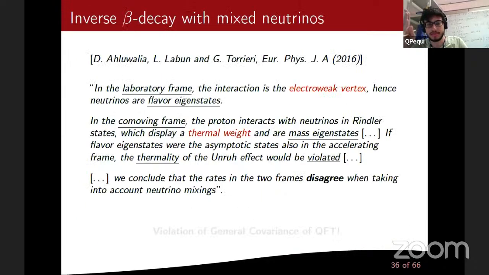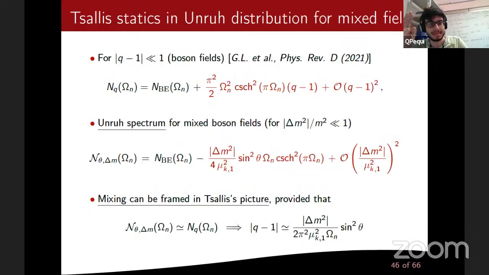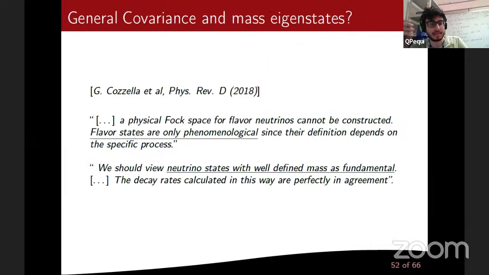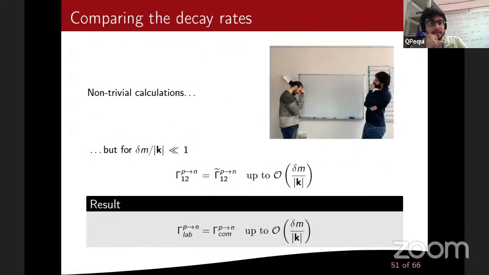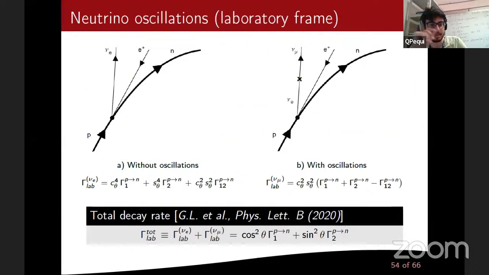But your claim is mostly that when using mass states, we have lepton number violation and the problem with the CP violation. That's the main argument, let's say. Mm-hmm. But the neutrino oscillation can be recovered by using only mass states.